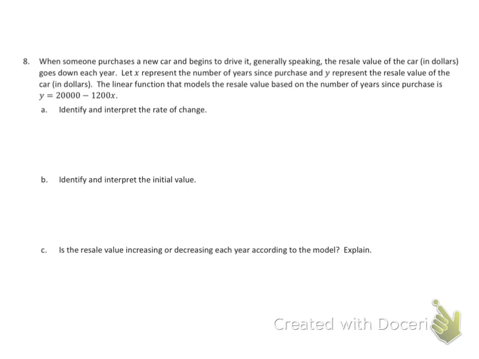The linear function that models the resale value based on the number of years since purchase is Y equals 20,000 minus 1,200X. Identify and interpret the rate of change. Identify and interpret the initial value. And then we're asked, is the resale value increasing or decreasing each year according to the model? Explain. Okay, so let's look at this one.